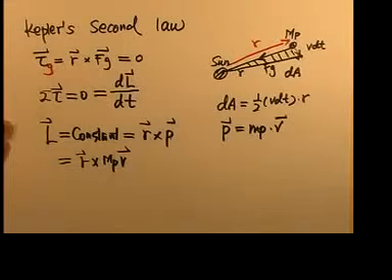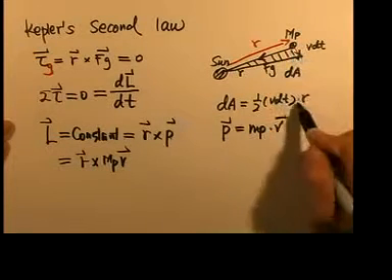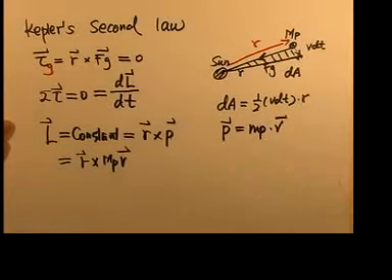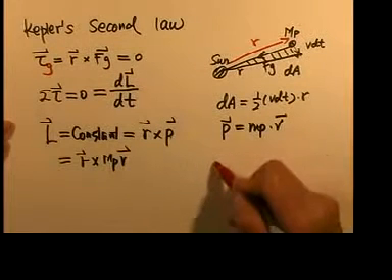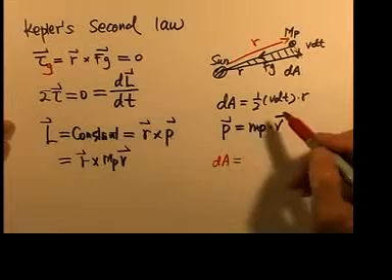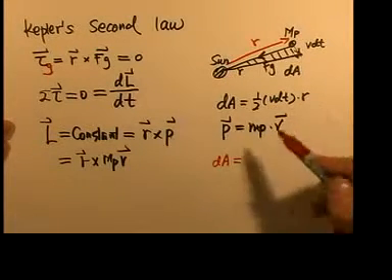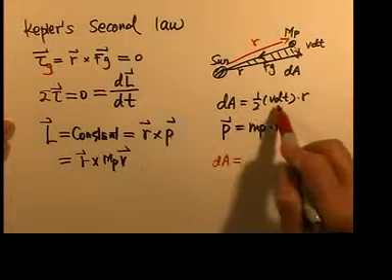Now, since we already know that dA equals 1/2 of base times height, if we continue on that, we can replace r and v.